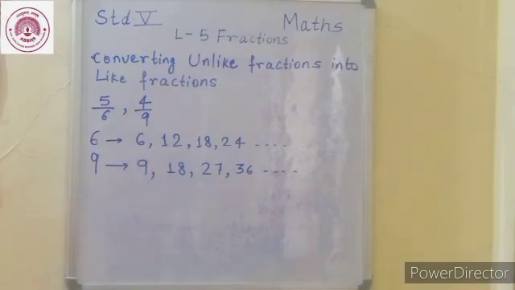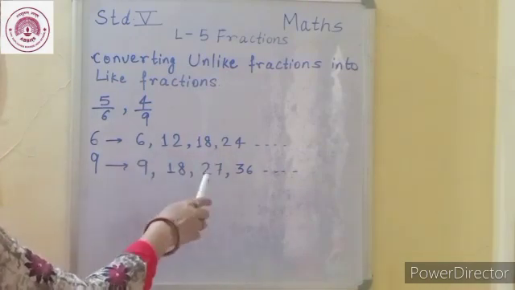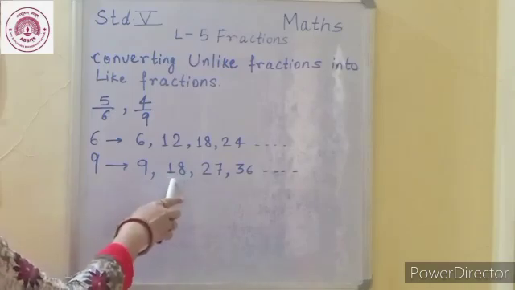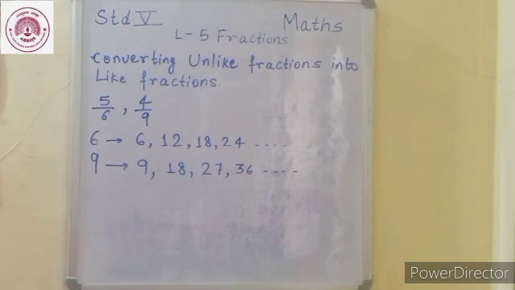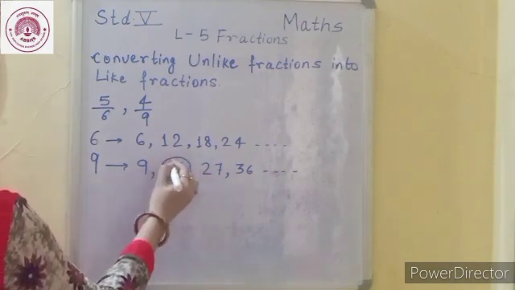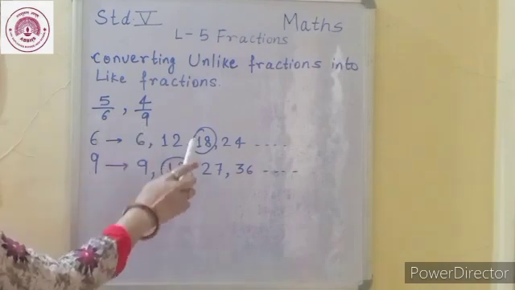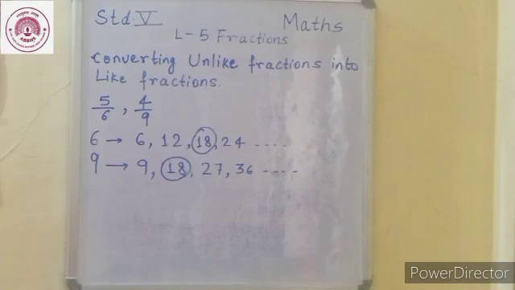You can see among these 4 multiples of 6 and 9, we got a common multiple, that is 18. As 18 is the common multiple of 6 and 9, we have to convert the denominators into 18.